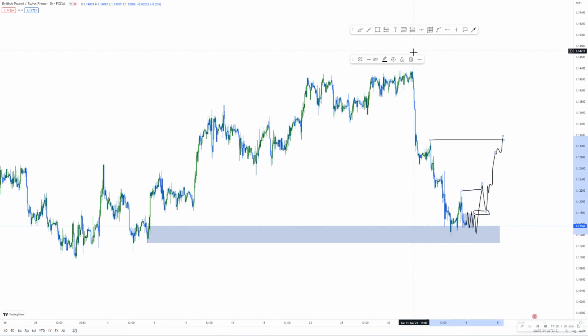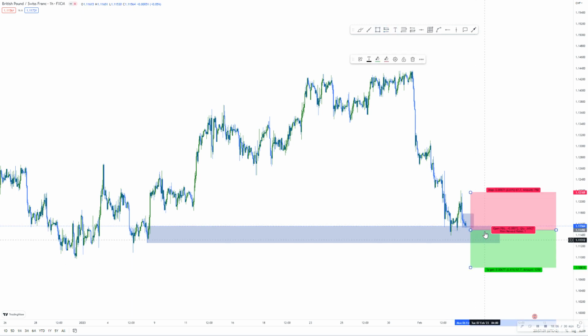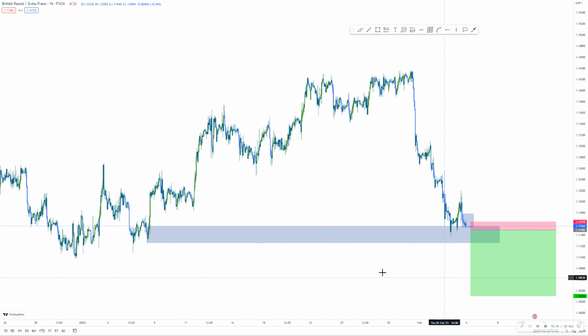And then what else? Besides going there, we might just correct a bit at this zone that we're in, and then see price actually plummet from where it is right now. We could see it continue further selling down, right? Depending on how it wants to act.